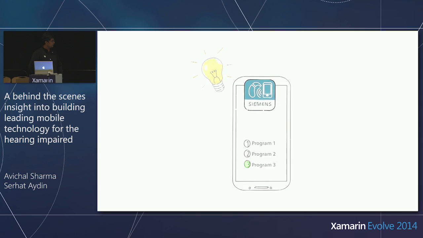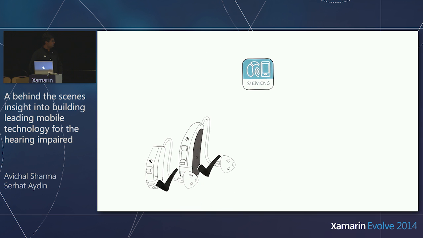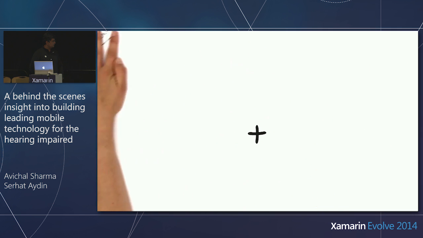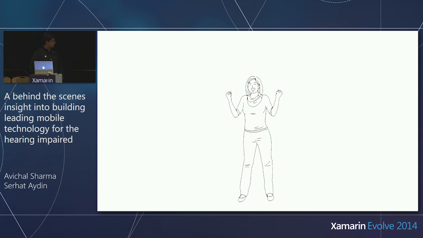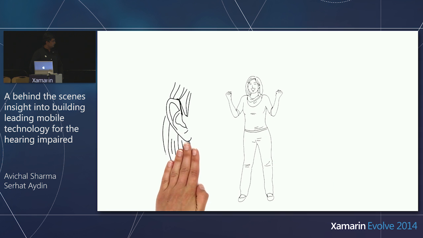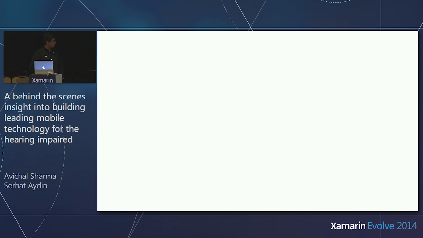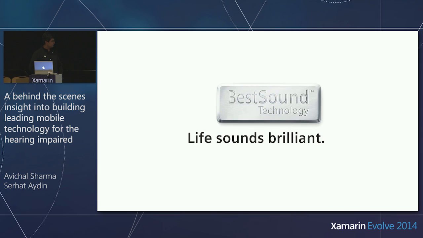The Touch Control app works with the latest generation of Siemens hearing instruments and with a smartphone, iPhone, or Android. Lisa is happy. Now she has a great solution to meet her needs. Ultra-discreet hearing instruments with an ultra-discreet remote control. The Touch Control app from Siemens. Life sounds brilliant.